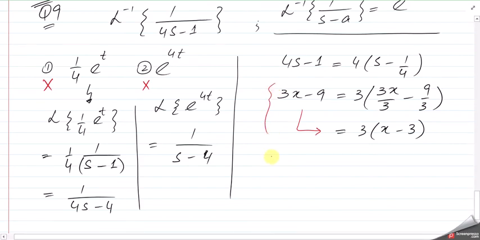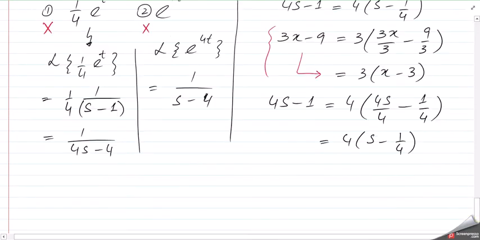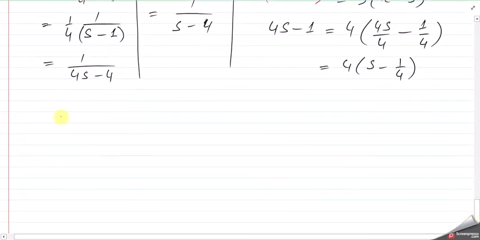Similarly, for 4s minus 1, when we take 4 common, we divide this by 4, we divide this by 4, and we get s minus 1 by 4. All right, now let's go back to our question. Our question was Laplace inverse of 1 over 4s minus 1.